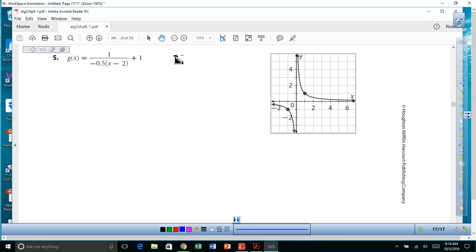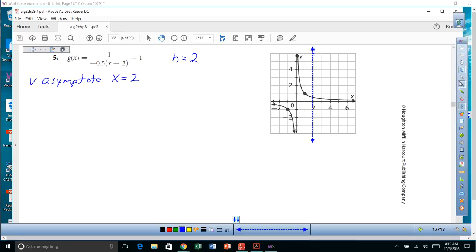First, let's find our h. H equals 2. So we know our vertical asymptote is x equals 2. So let's draw that. And x is 2. So that's going to look like this. Great.